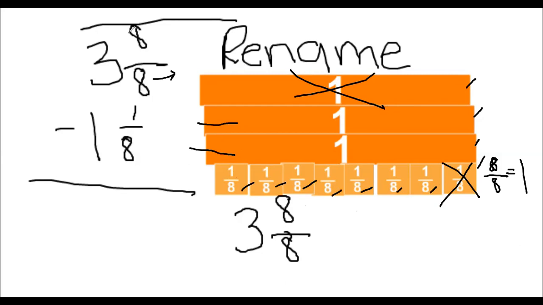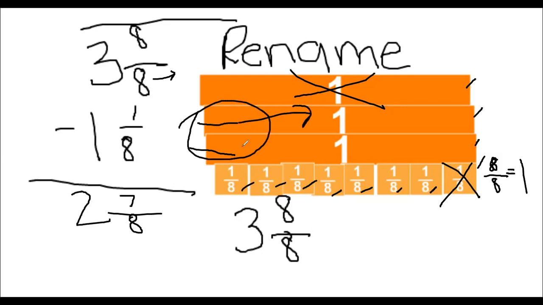Let's do the math. 8 minus 1 equals 7. Keep the denominator. We counted 7/8, so we know that's right. 3 minus 1 is 2. We've got 2 whole numbers left right here and right here. So our final answer is 2 and 7/8.